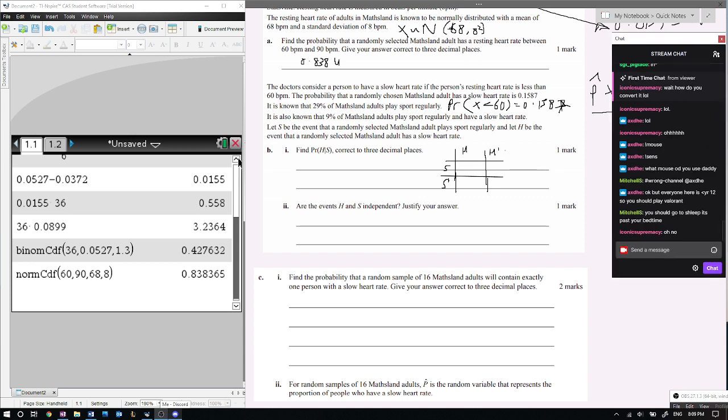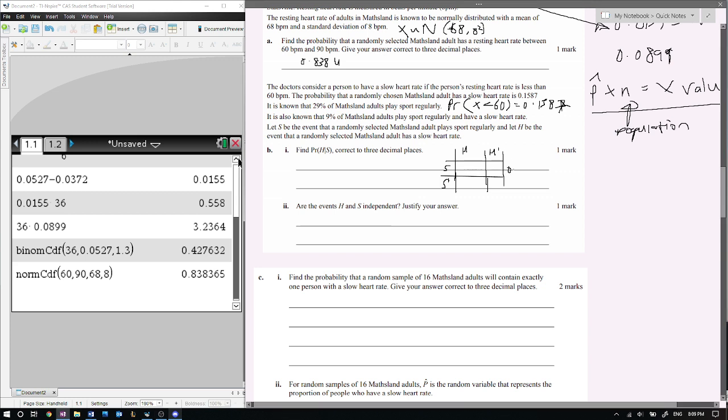Okay, so setting up the table, I know that 0.29 of them play sport regularly, so S is equal to 0.29. H is the event that a randomly selected Mathsland adult has a slow heart rate, and obviously I've obtained this from here.